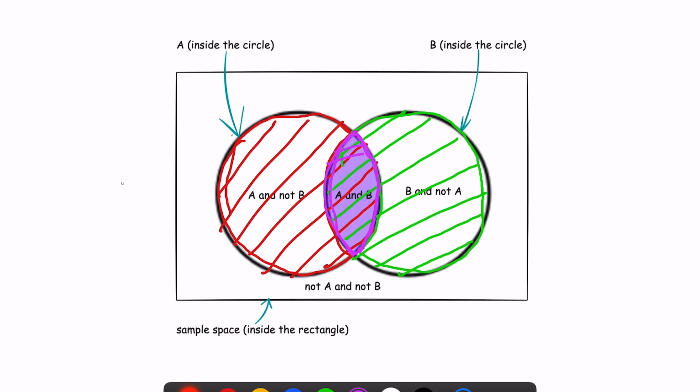We get A and B both in this region. And the rest, all this outer part of these two circles, is not A and not B.